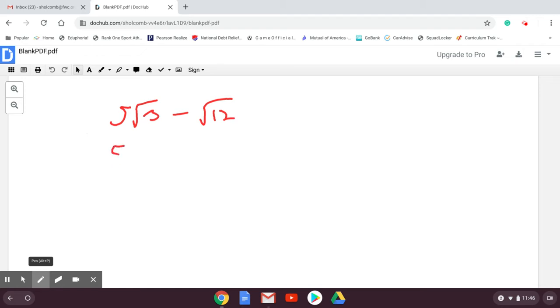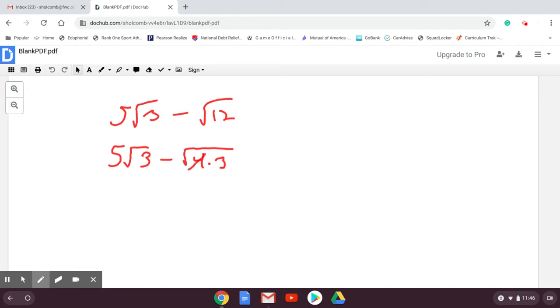The square root of 3 has no more perfect squares that are multiples or factors of it, but the square root of 12 does. Isn't that 4 times 3? Again, the reason we identified that 4 is because the square root of 4 is a perfect square too.